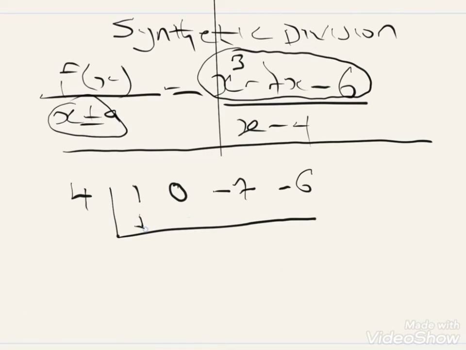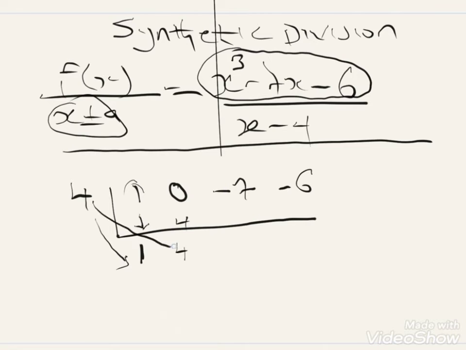First step is done. Second step is bring down the first term, which is 1. Bring it down here. Now multiply this 4 by 1 to have 4. Place it here. Again, sum up 0 and 4 to have 4.